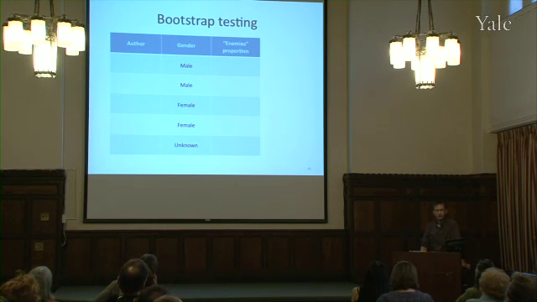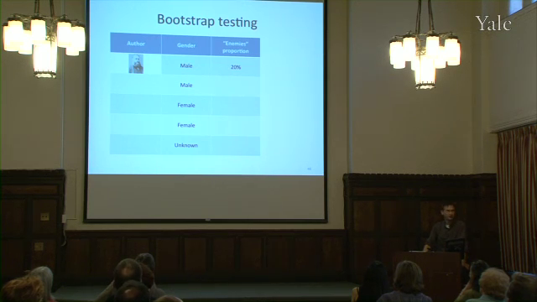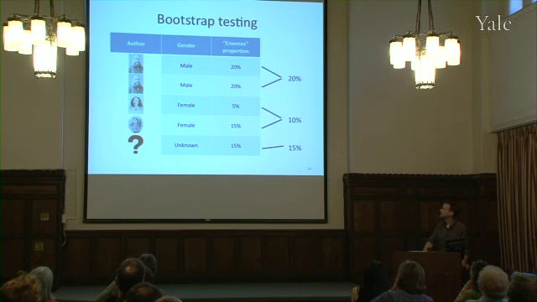And then we're going to create a new fake data set where for every row, if the gender is male, we'll take a random male author. So we get Wilkie Collins. And then for the next row, we'd take another random male author. Oh, we got lucky. We also got Wilkie Collins again. So now we have 2 Wilkie Collinses in this data set. We go through. And then we recalculate again.